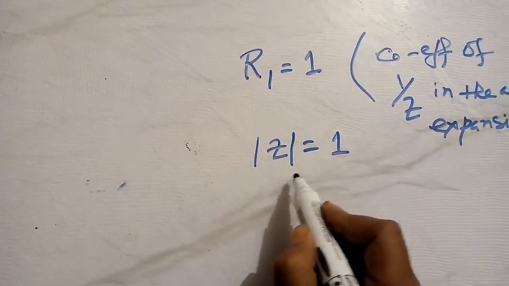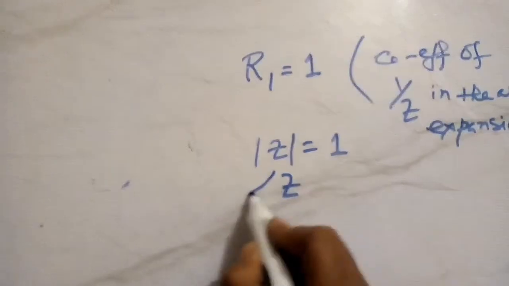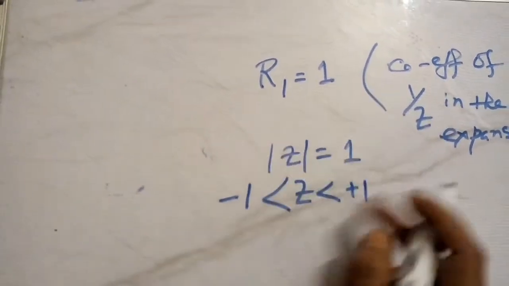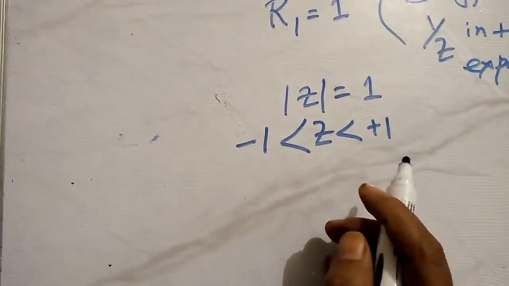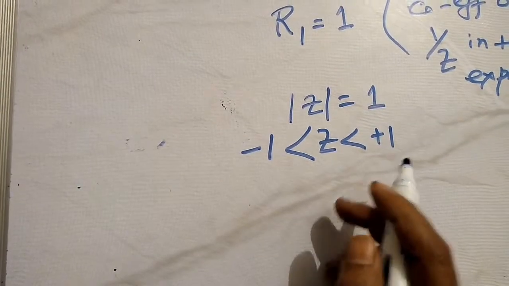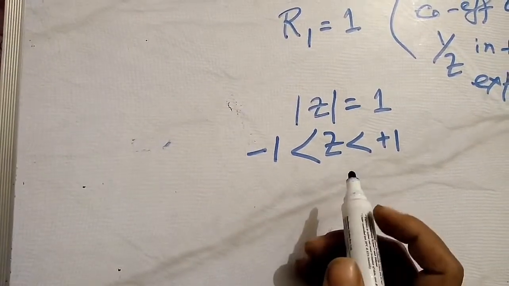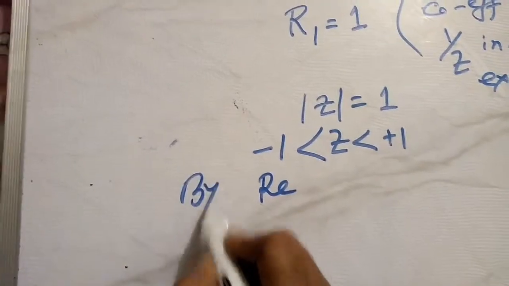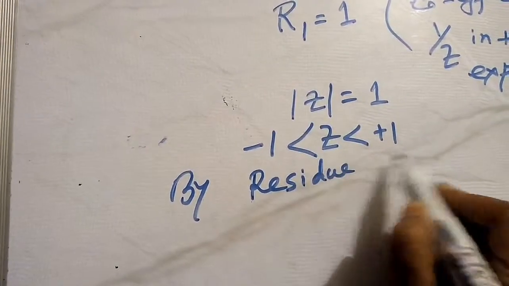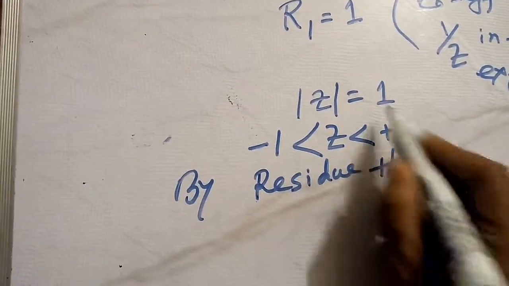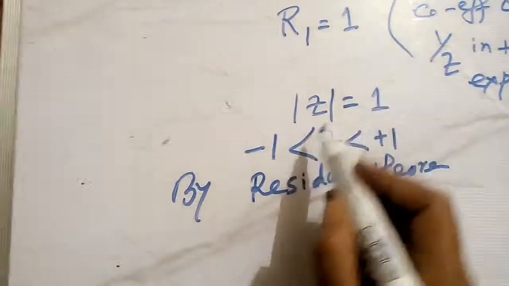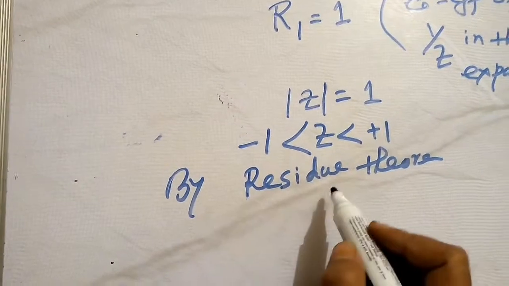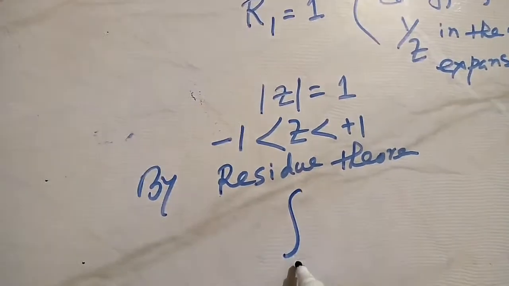It is given in the math. So z lies between -1 to +1. Clear? So by the residue theorem, since the pole lies inside the circle, we use the residue theorem.